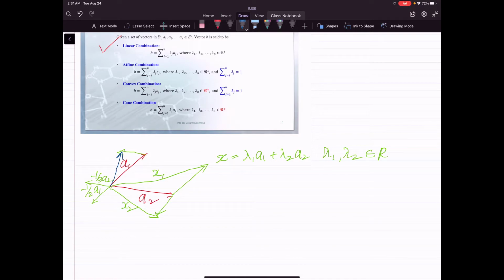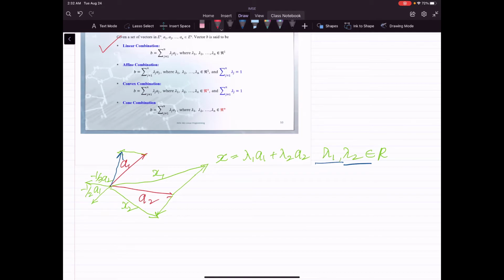So you can see that if A1 and A2 are linearly independent, basically I can represent any point on this two-dimensional space. So linear combination is when lambda 1 and lambda 2 both are real numbers. Basically, you span the entire two-dimensional space.